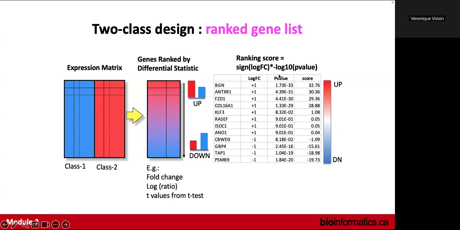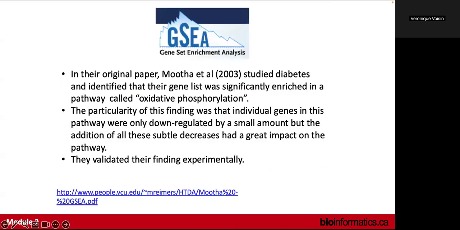So the transformation minus log10 of the p-value will give a high score for genes that have a very small p-value and are then strongly differentially expressed. This way we can rank all genes from top upregulated to top downregulated. We can do it in Excel or in R.